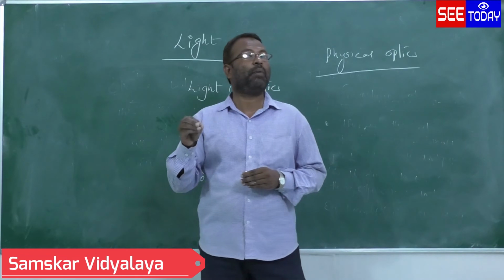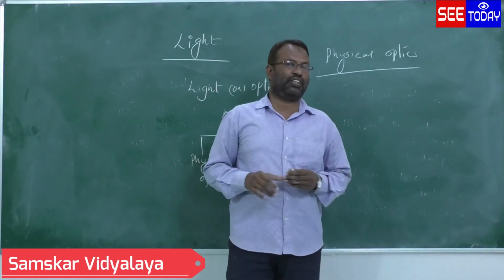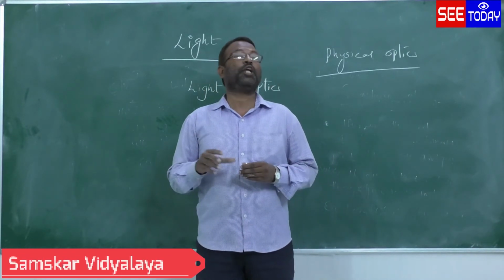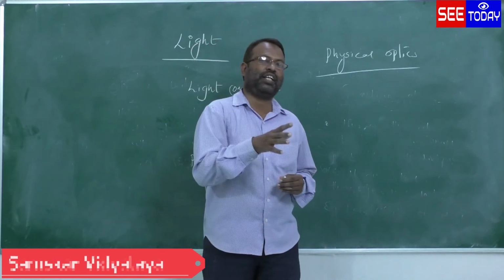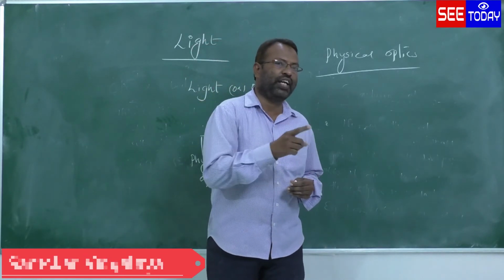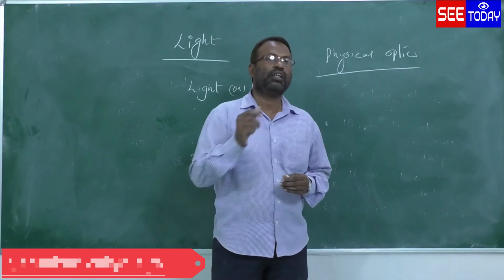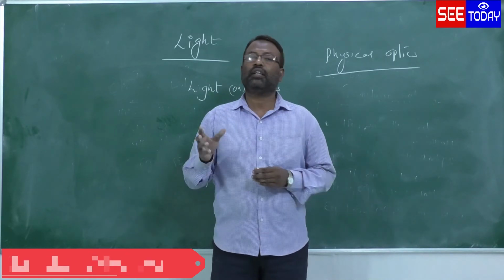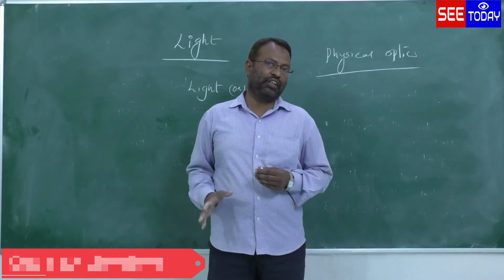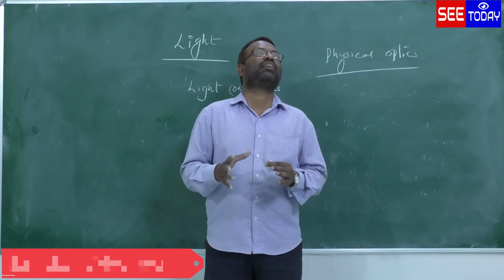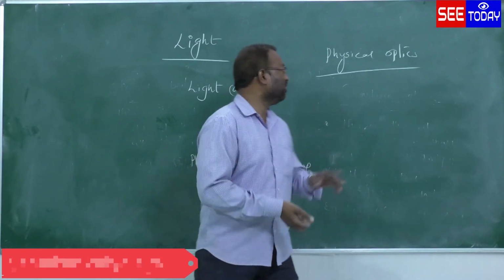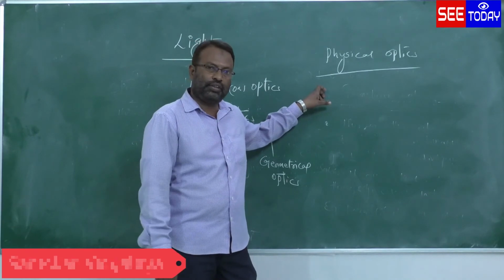You are studying the production of the light. And you are studying some other properties like interference, diffraction, polarization, propagation of the light. All these concepts belong to physical optics here.